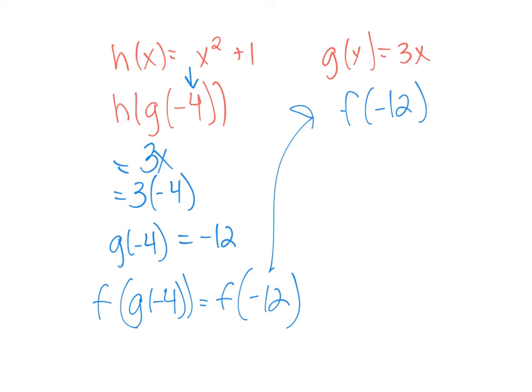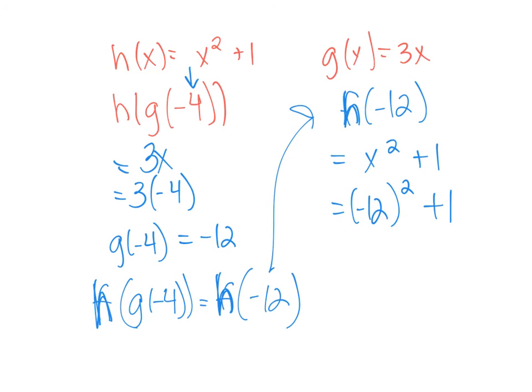Who's next? Go ahead. What am I writing down first? Oh, it's H, not F. My bad. Good. X squared plus 1. Cornesia, what am I plugging in? Good. Good.